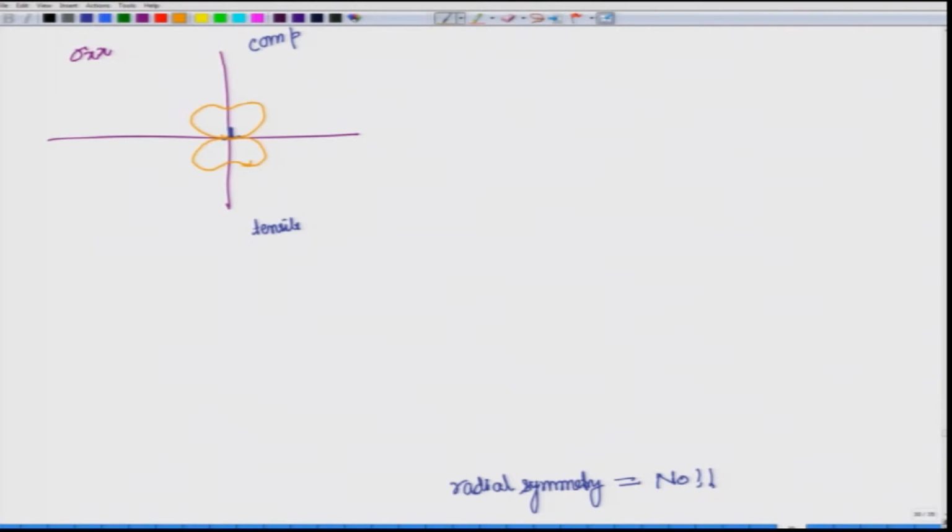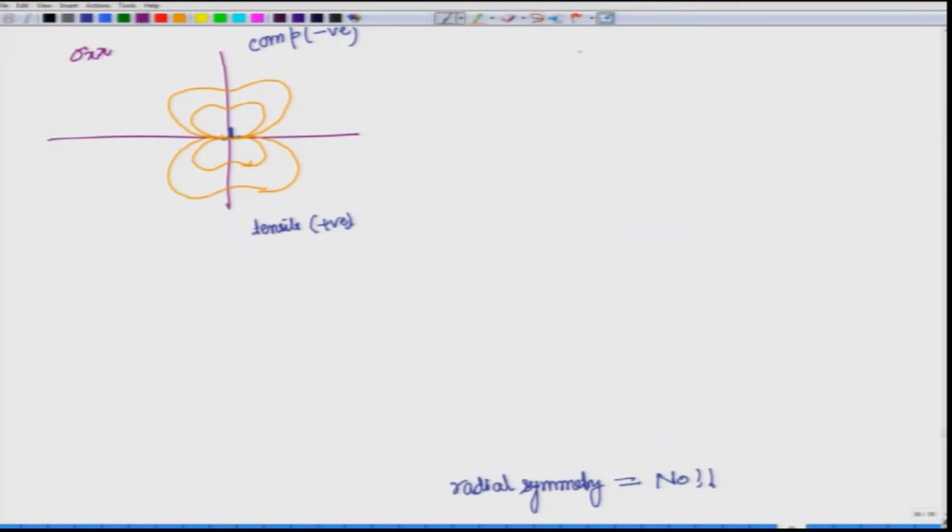Sorry, this will be the negative value if we say compressive as negative and tensile as positive. So, the values would keep decreasing, but the form would remain the same. It will have mirror symmetry along the y direction, although it may not look like it from this drawing, but you must realize that it is just a hand drawing, and in reality there will be mirror symmetry along the y direction. So, this is how x x would look like.